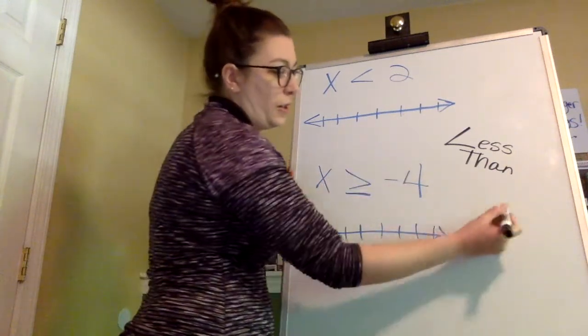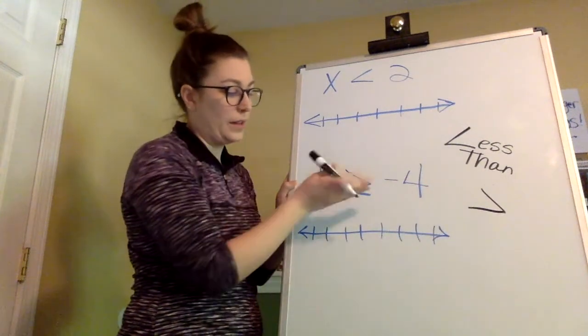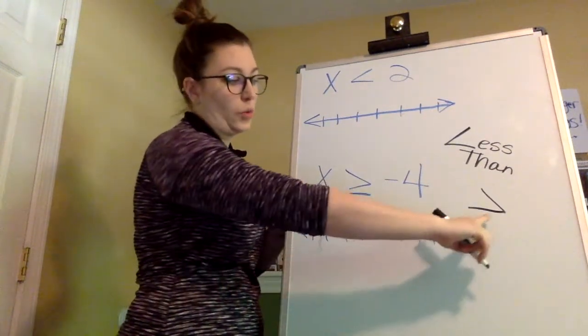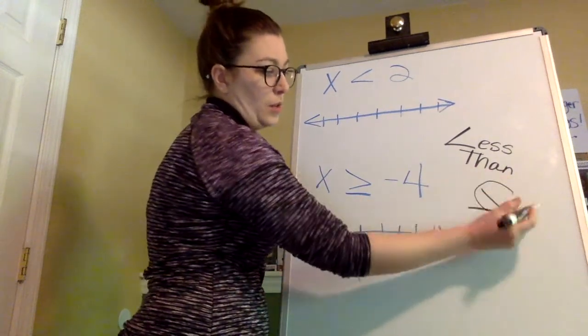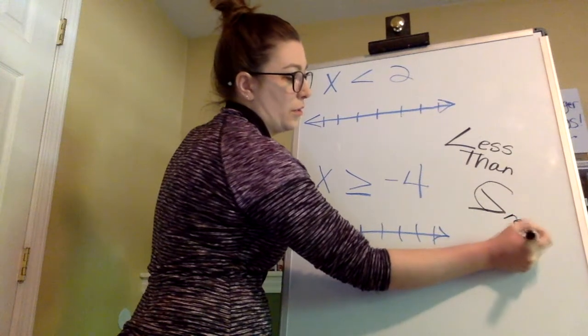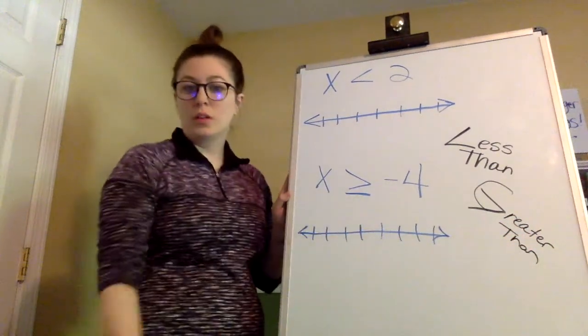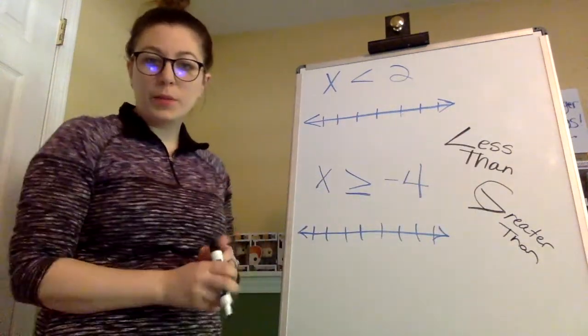This symbol down here is this way, minus this line on the bottom, the equal to sign. So this is just the greater than symbol. You can literally make the word greater than once again. So therefore, this is less than, this is greater than. That's how we always remember the symbols.